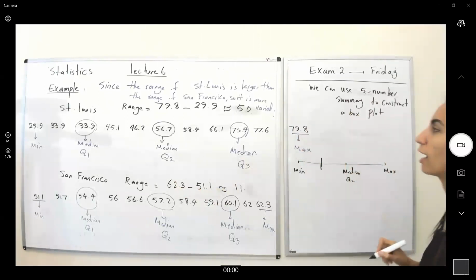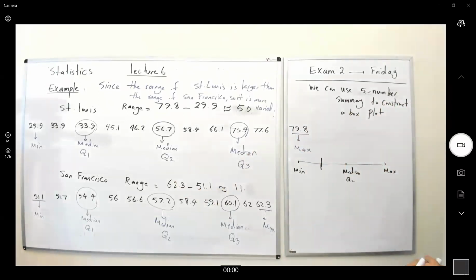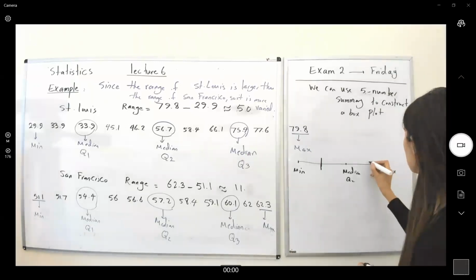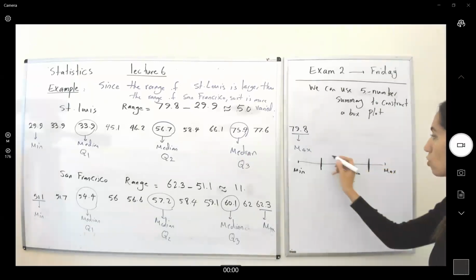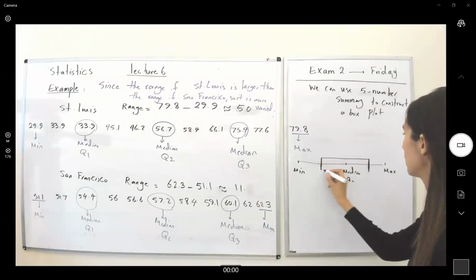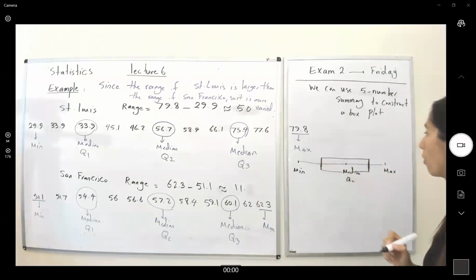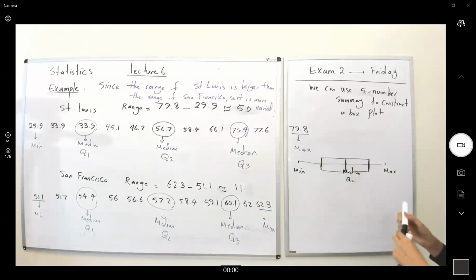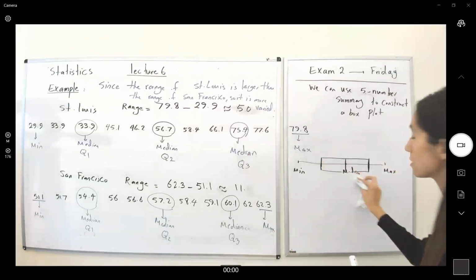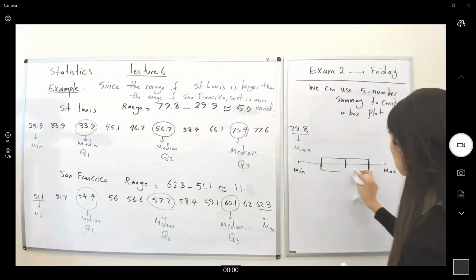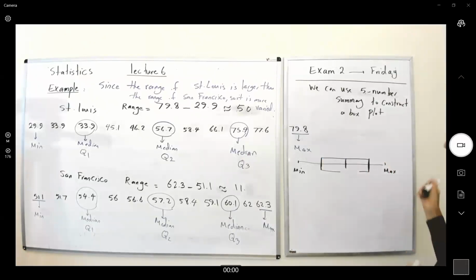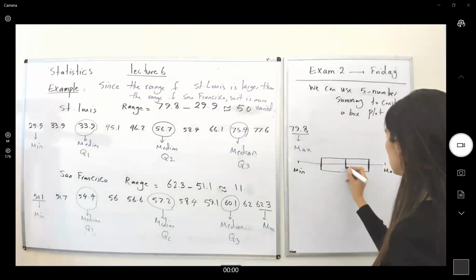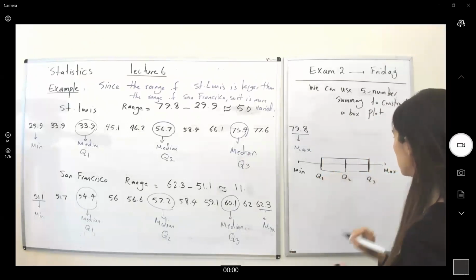And then you have 75.4, which is here. So you connect these and you have a box plot, and you connect these two as well to get your box whiskers plot. This is Q1, Q2, Q3.